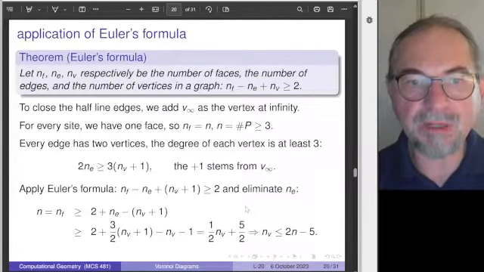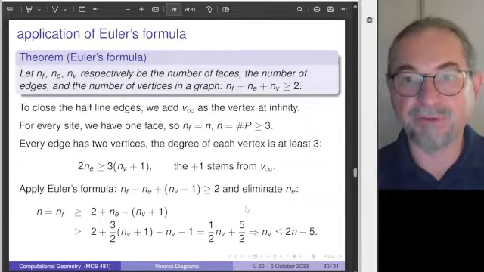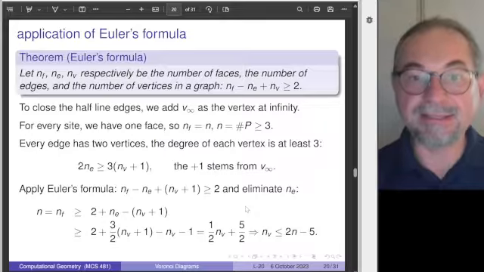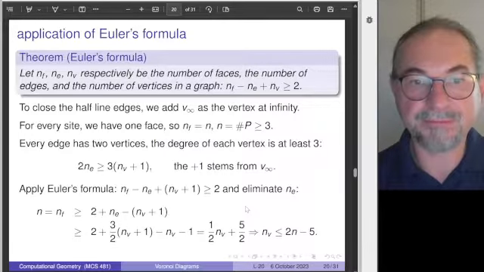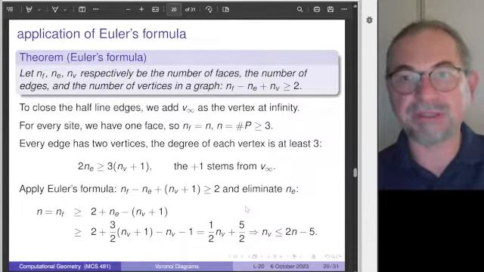Good. Now what about the number of edges? Every edge has 2 vertices, and the degree of every vertex, the number of edges that come in there, is at least 3. So you can bound twice the number of edges by 3 times the number of vertices plus 1. Why the plus 1? Because we always have the vertex at infinity.